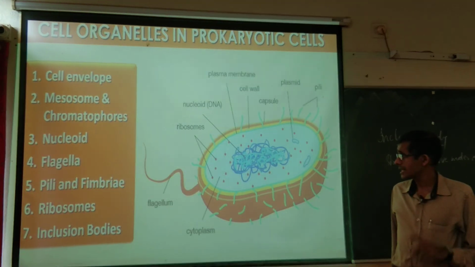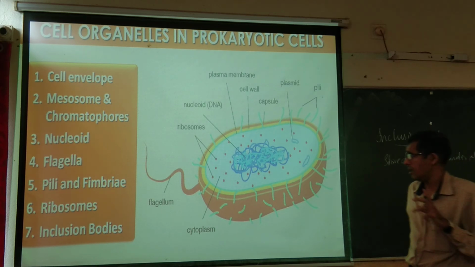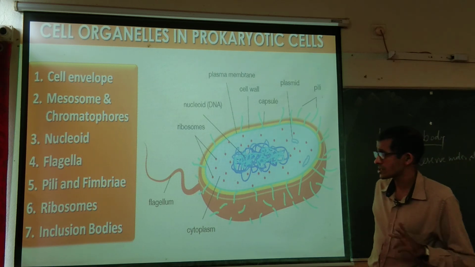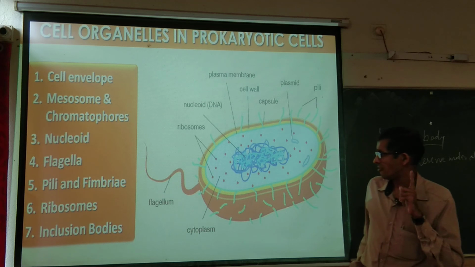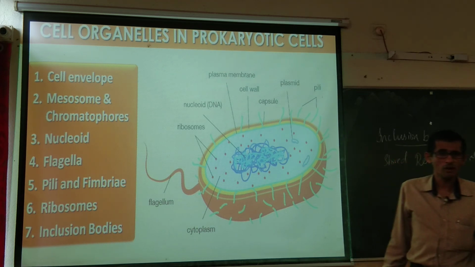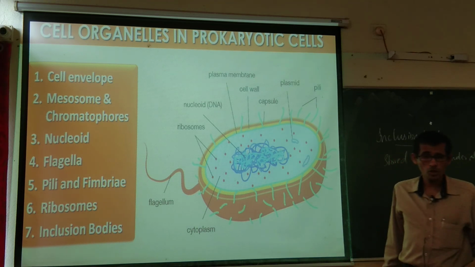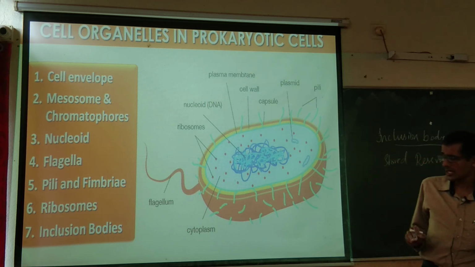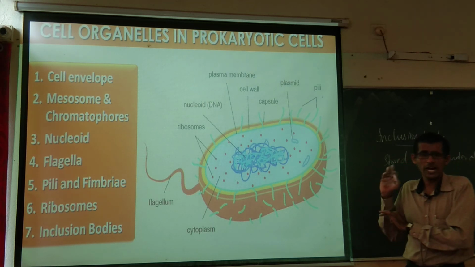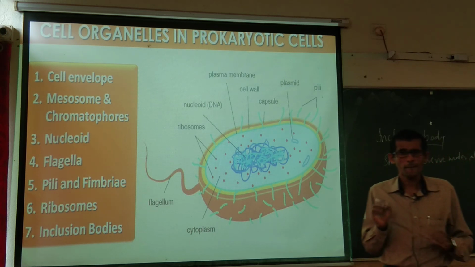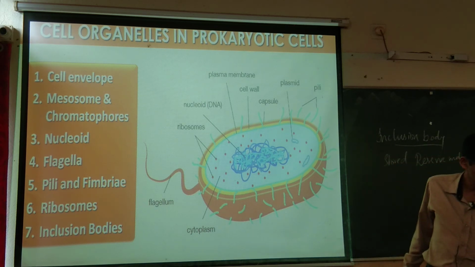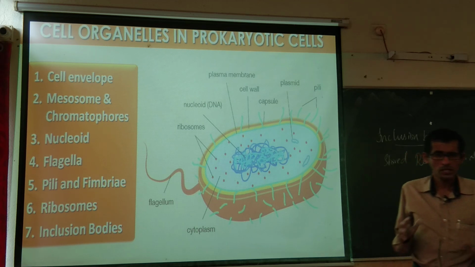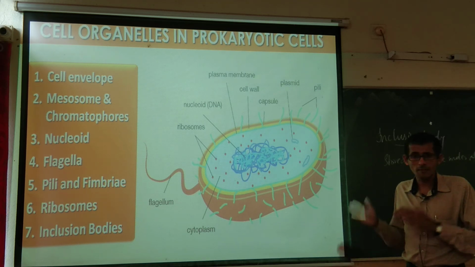Cell envelope, mesosome and chromatophores, nucleoid, flagella, pili and fimbriae, ribosomes and inclusion bodies. These are the major parts of a prokaryotic cell. So up to here it is the prokaryotic cell.